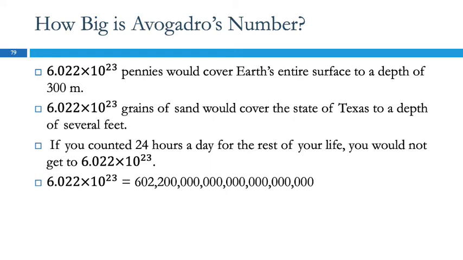That many grains of sand, much smaller than pennies, would cover the whole state of Texas to a depth of several feet. If you counted 24 hours a day for the rest of your life, didn't stop for anything, you would never get to Avogadro's number. So this is Avogadro's number in decimal form. It's really big. The national debt pales in comparison to Avogadro's number.